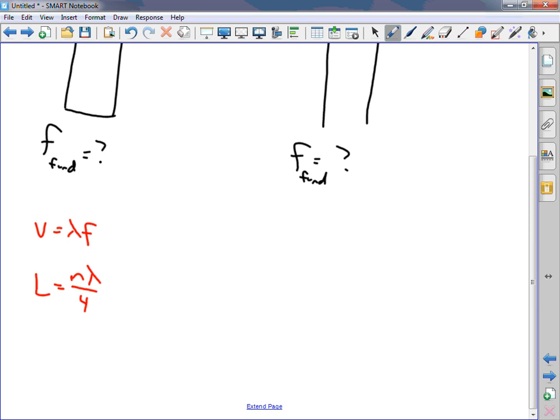Now let's actually try to solve this. For open on only one end, 4.9 equals 1 lambda divided by 4, right? What is the wavelength for open on one end, please? 19.6 meters, about 19.6 meters.